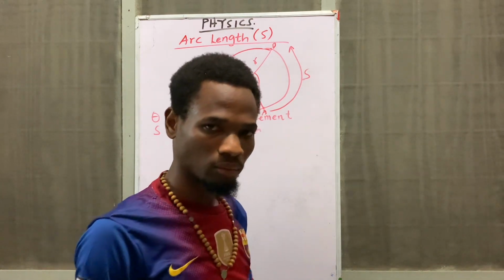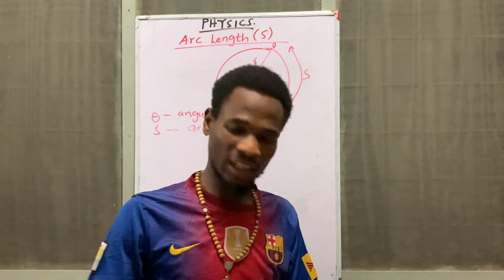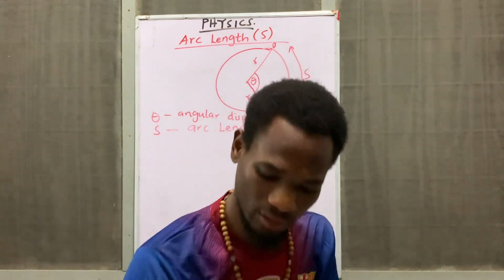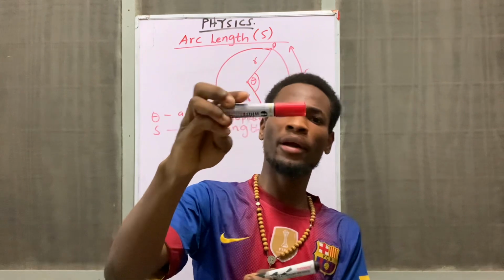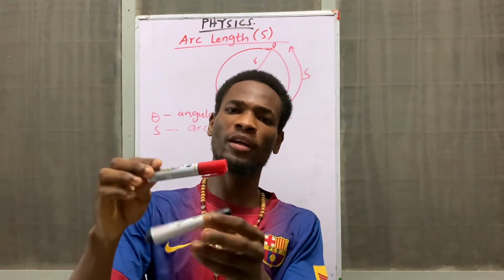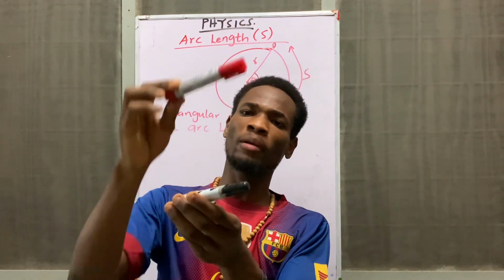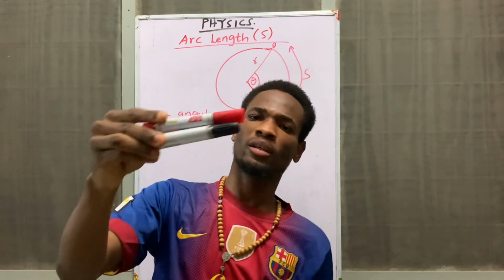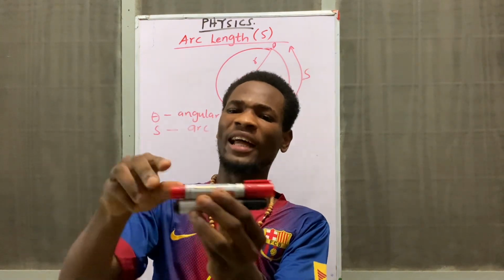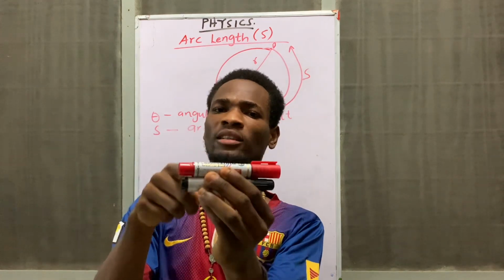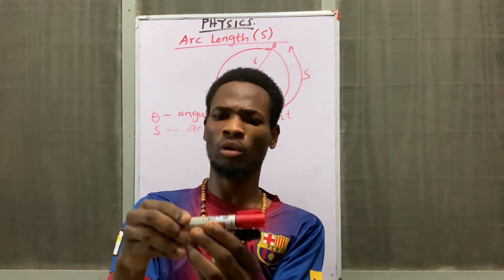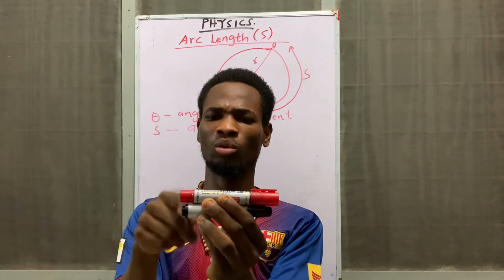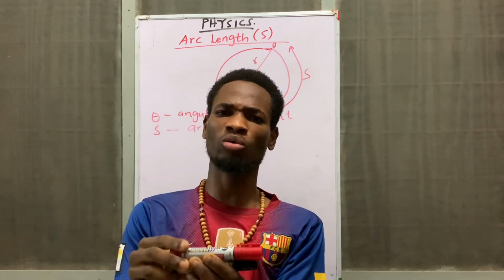And now you realize that let's say if I have these two markers, I have a red marker here and a black marker over here. When I place one on top of the other this way, realize that the angle between these two markers is 0, because there is no angle between them. So therefore, the angle between these two markers is equal to 0.